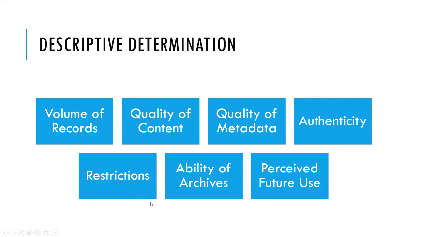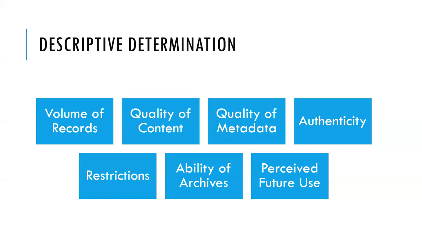Restrictions can be a big thing. So if the records contain a lot of material that might have copyright issues, or might have information contained in the records that is private, that may result in archivists not describing the materials as thoroughly because they kind of want to dissuade people from looking at and using those records.